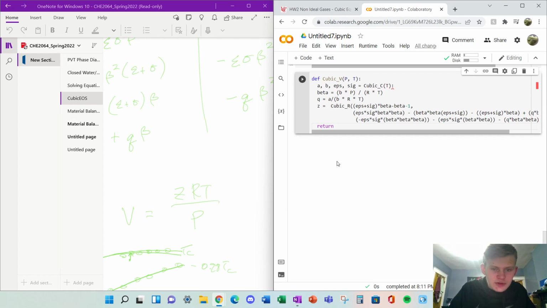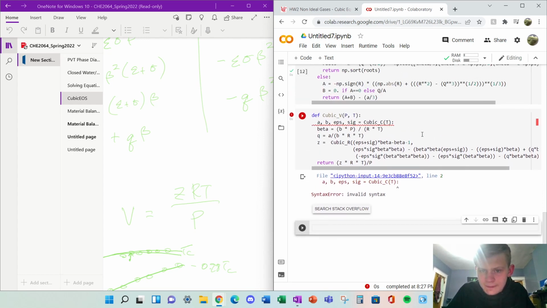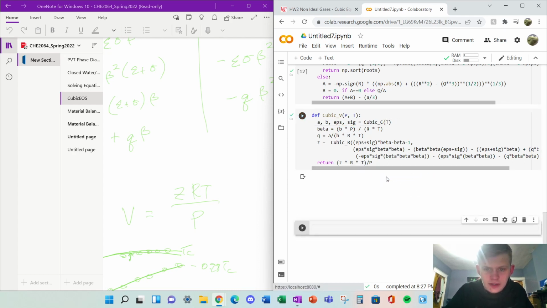So we're going to have our z value multiplied by our gas constant times our temperature divided by our pressure. Not syntax. What did I do? We don't want that there. Try that again. There we go.